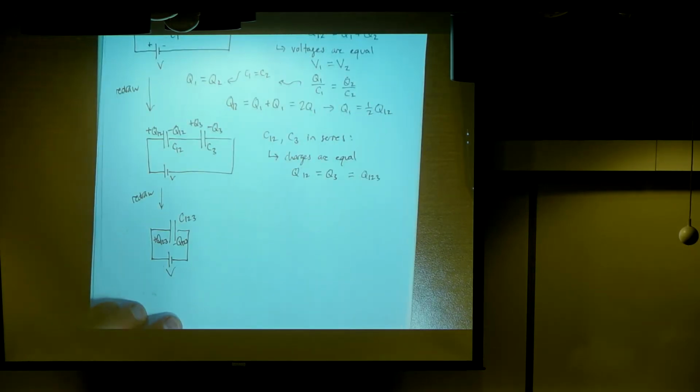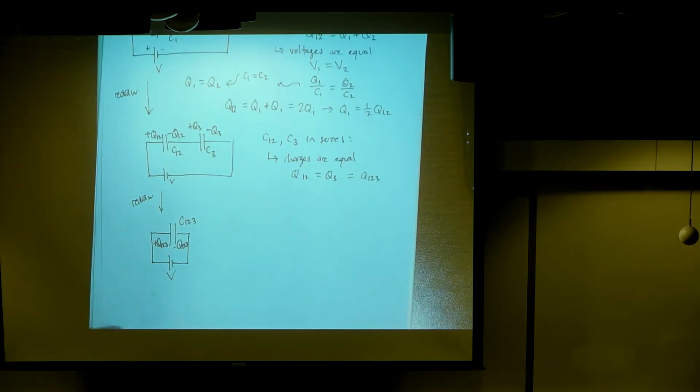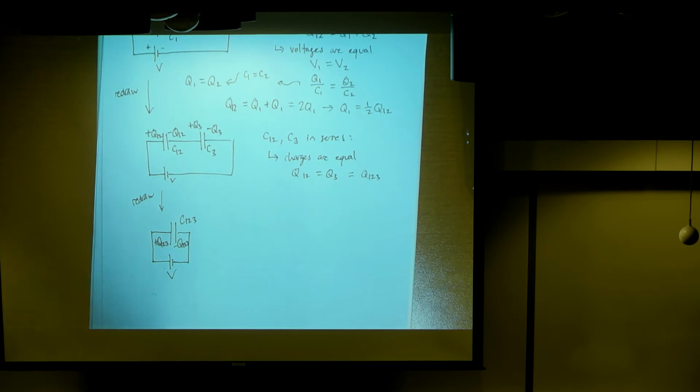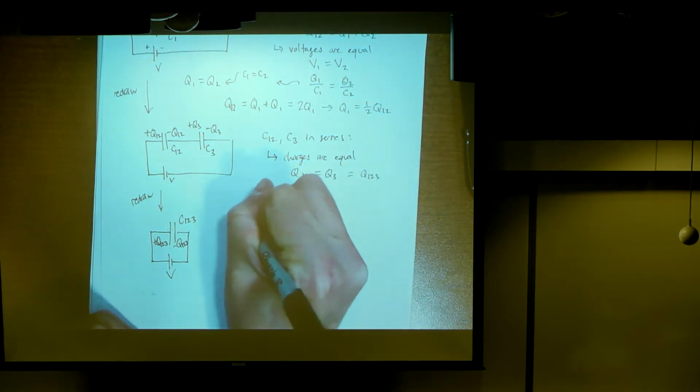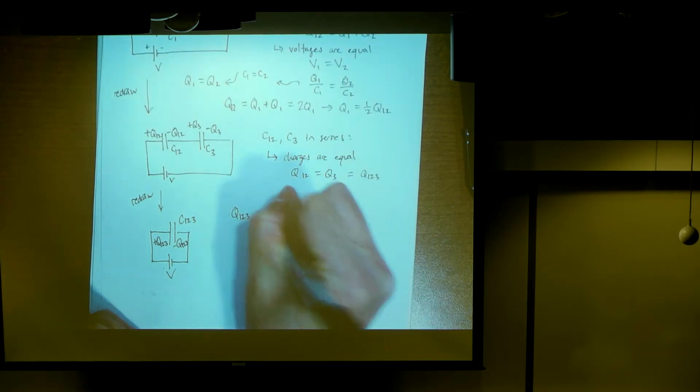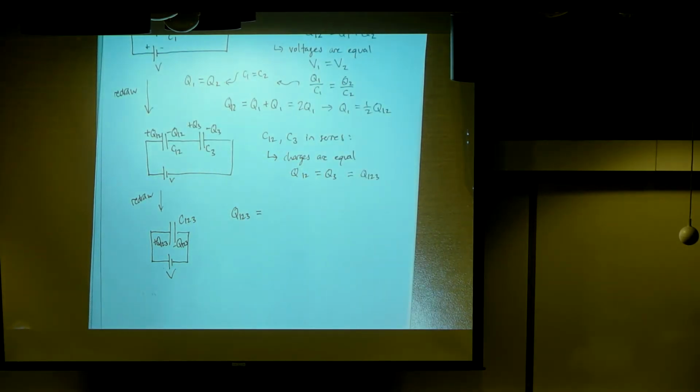Make sense? Okay, so therefore, we can go ahead and solve for Q123. So now that we've reduced this down to a single capacitor, what would the charge on its plates be? How could we solve for that?